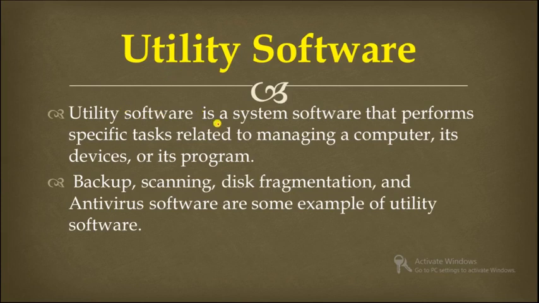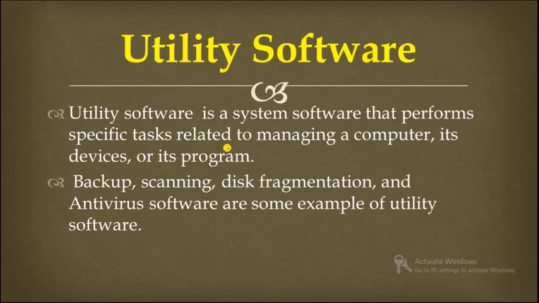So utility software is a system software that performs a specific task related to managing a computer, its devices or its programs. These programs assist in the smooth functioning of the computer system and help it to perform better.